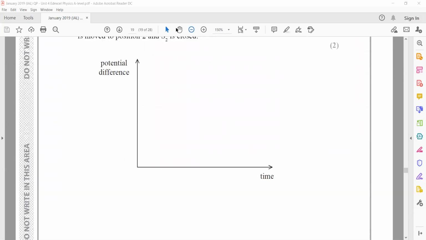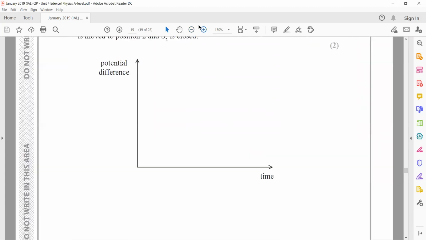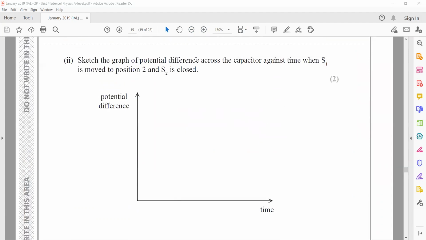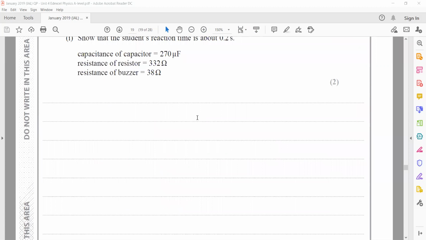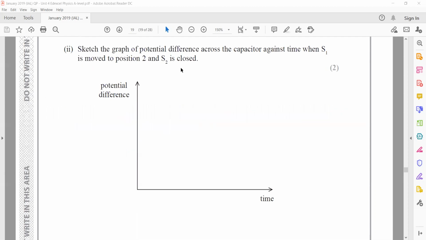Look at what happened. As we know, we calculated the reaction time. The reaction time is coming out about 0.2 seconds when the circuit is more sensitive.